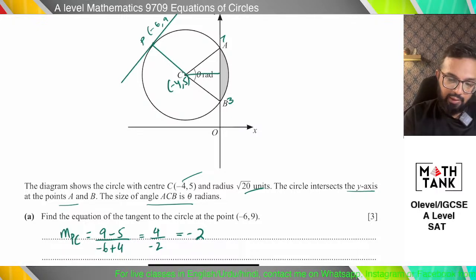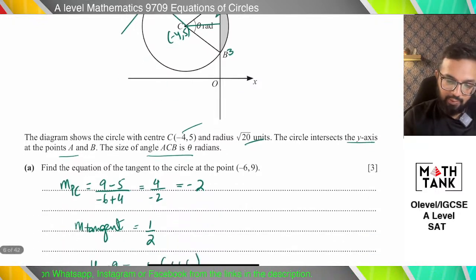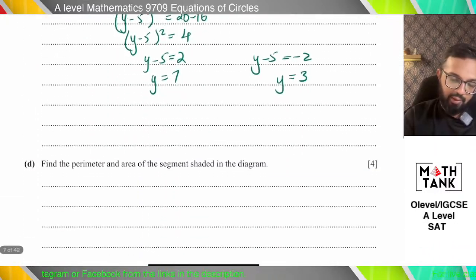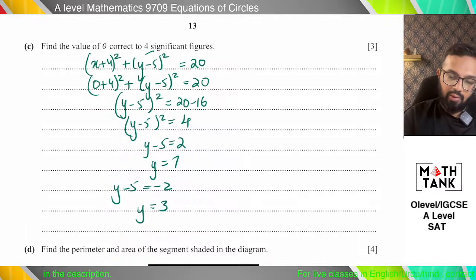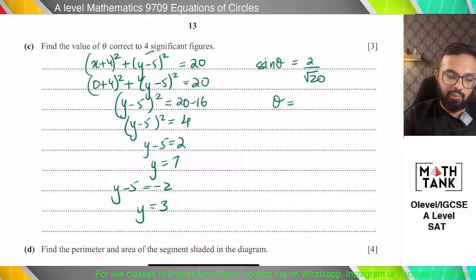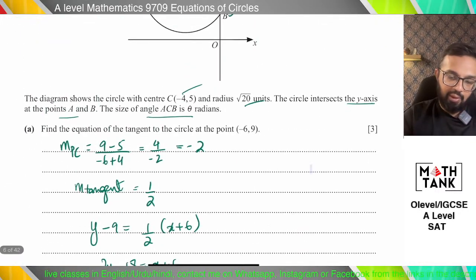You can draw a line here and say that this distance is going to be, that's why the total distance of 4, so 2. That's root of 20. So I can just use sine theta. Let's figure out theta. I will do that in radians.